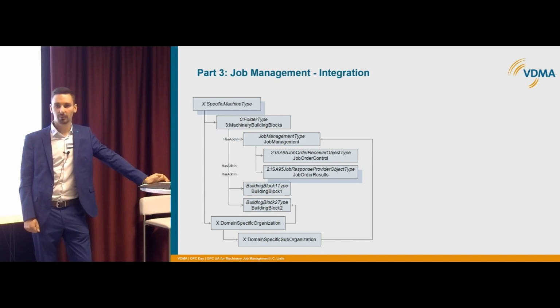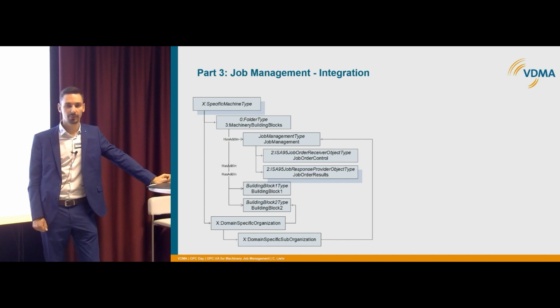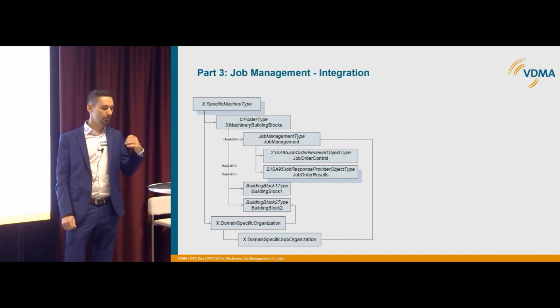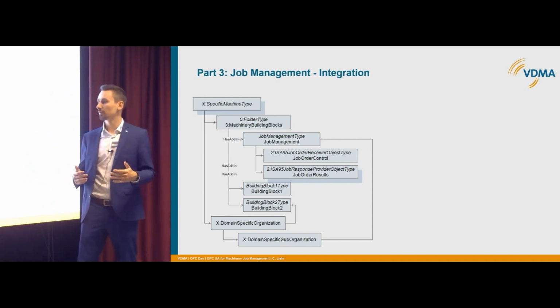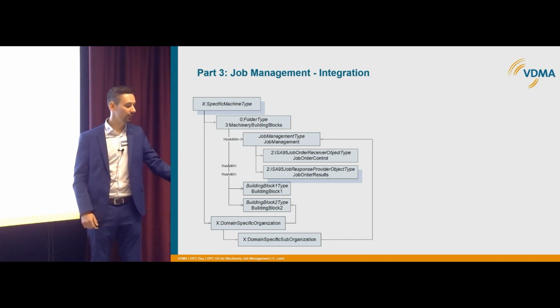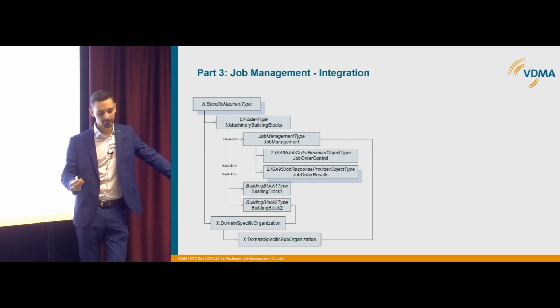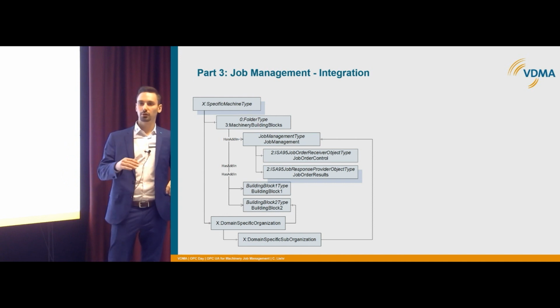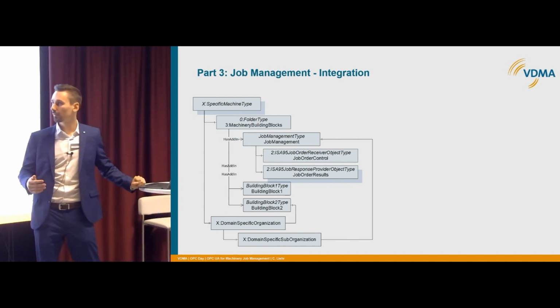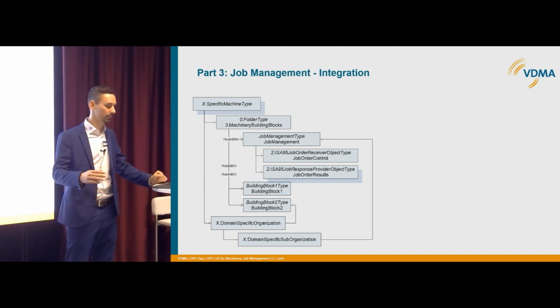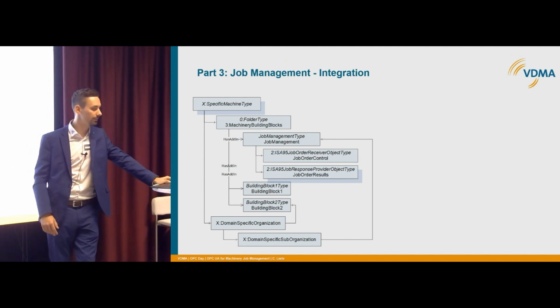Whenever you integrate some building blocks from the machinery, it's important to implement the machinery building blocks folder, because when an upper laying system, for example, wants to browse your server and wants to know which machinery building blocks are integrated, it will look for the machinery building blocks folder.